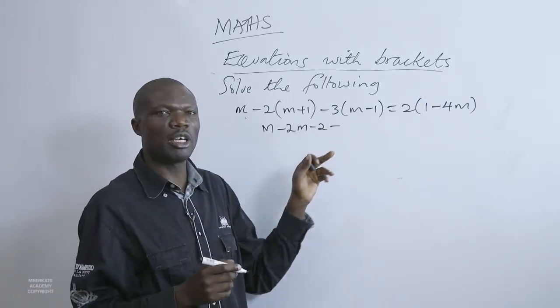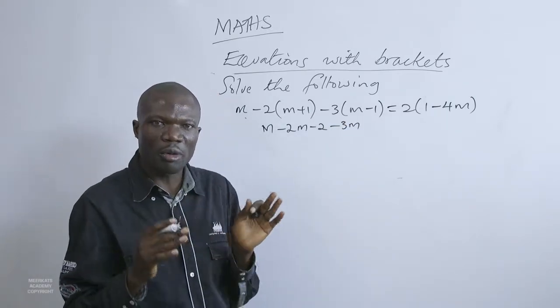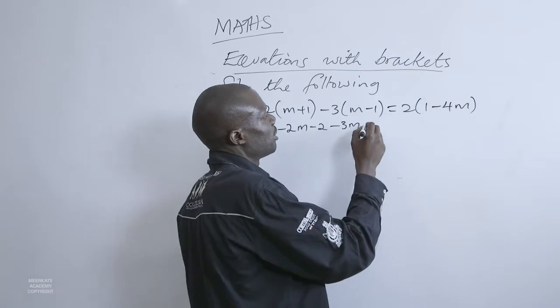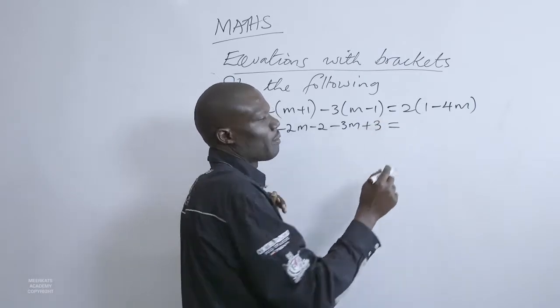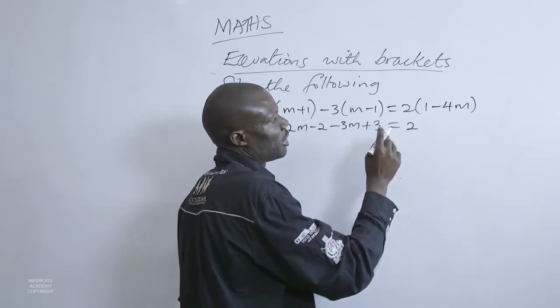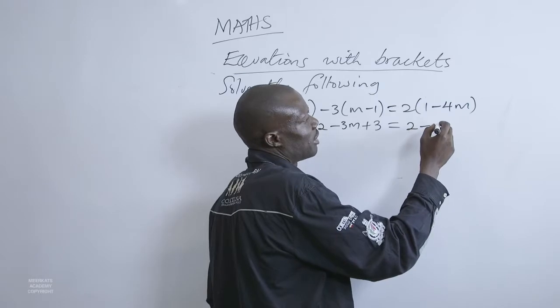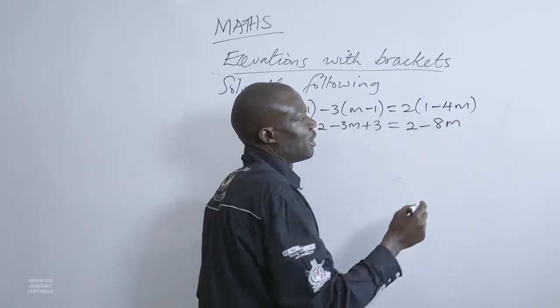Minus 3 times m is minus 3m. Minus 3 multiplied by minus 1 is plus 3. Then 2 multiplied by 1 is 2. Then 2 multiplied by minus 4m will give us minus 8m.